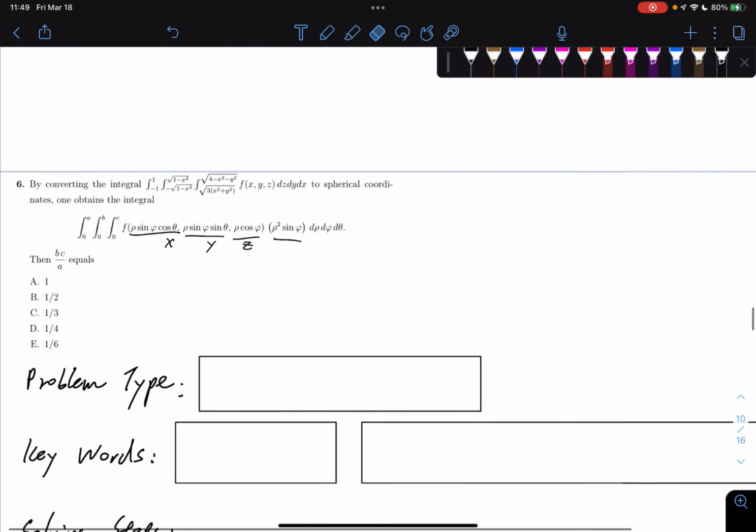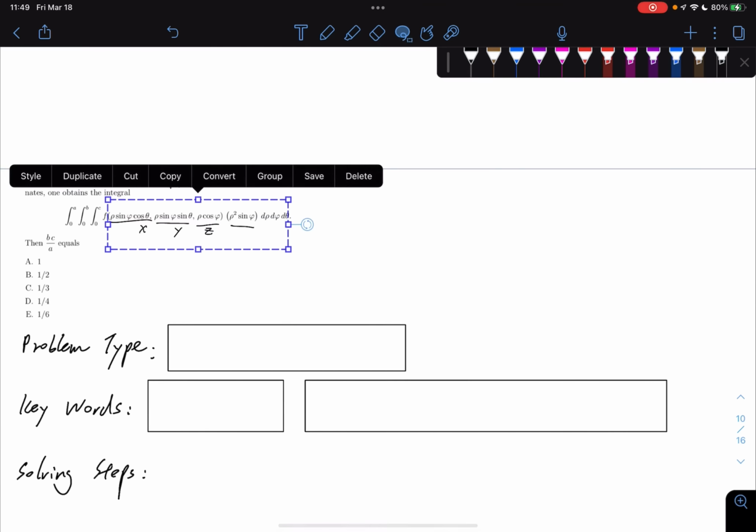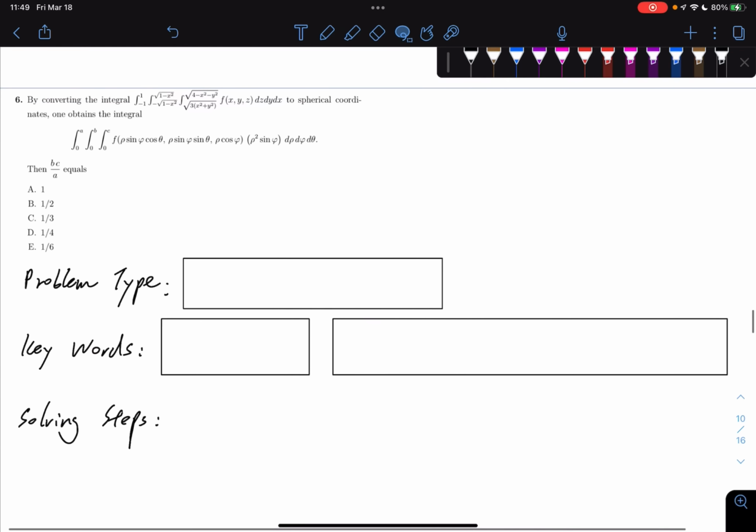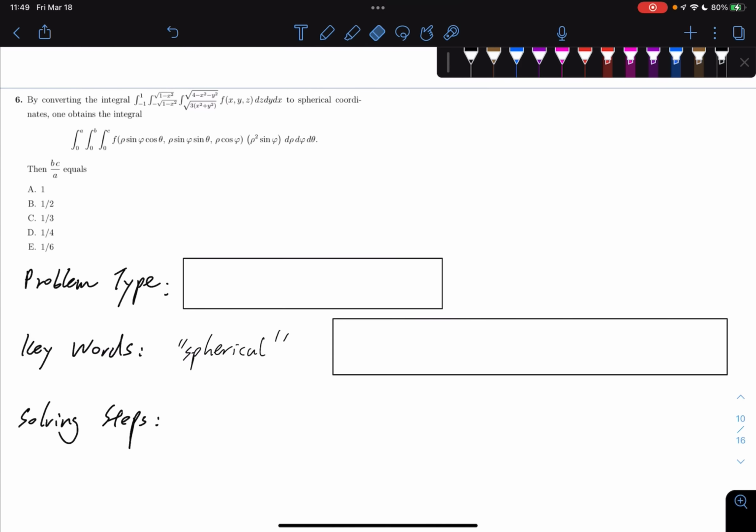So all we need to do, oh, by the way, let's start with keywords. So the keyword is obviously spherical, right?